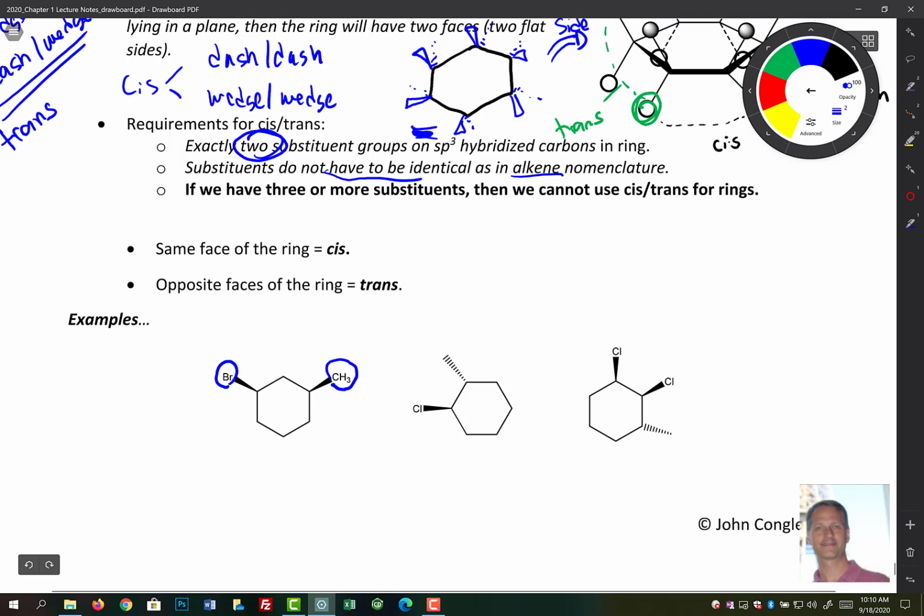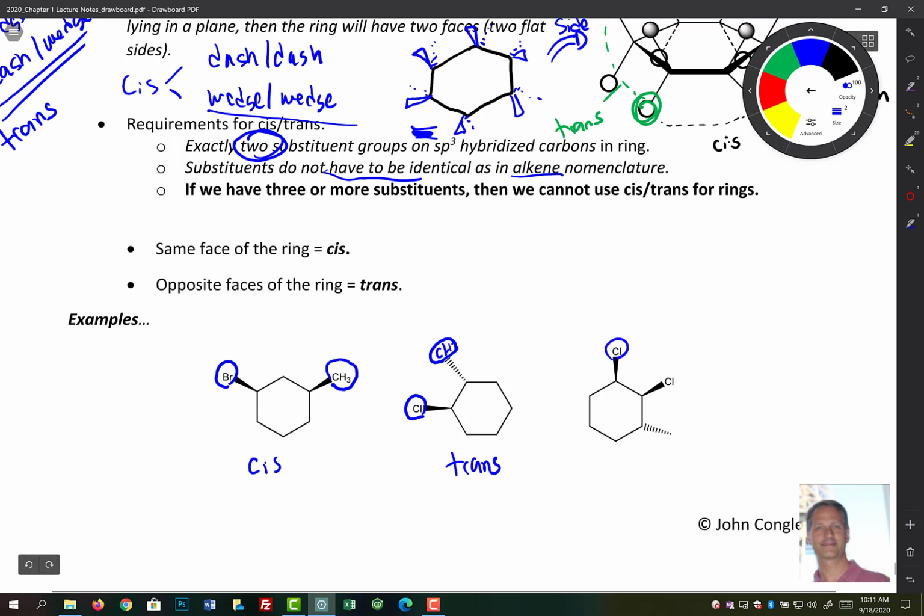Those are both on wedges, so wedge, wedge, cis. And that's straightforward. So here's a chloro group, that's on a wedge. Here's a CH3 group here, that's on a dash. So that's a dash and a wedge. And that is trans.